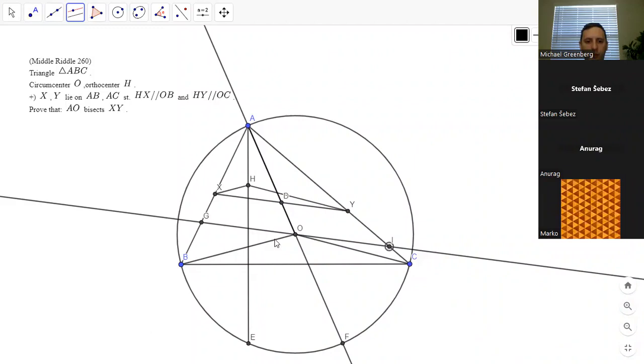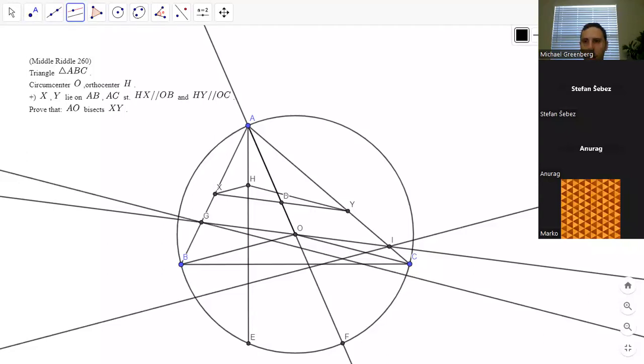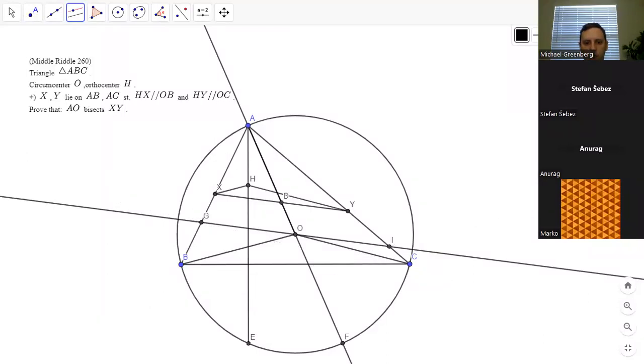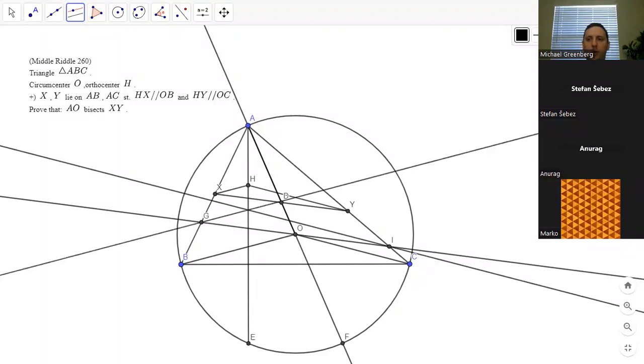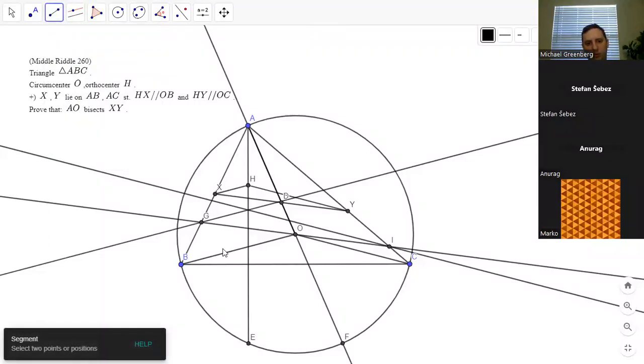Okay, so we have to show that. Parallel to OC at I. Yeah, we have to show that those two parallels lie on the altitude.